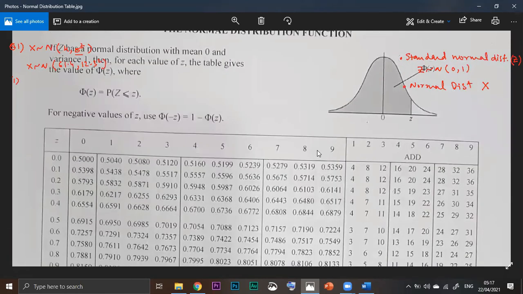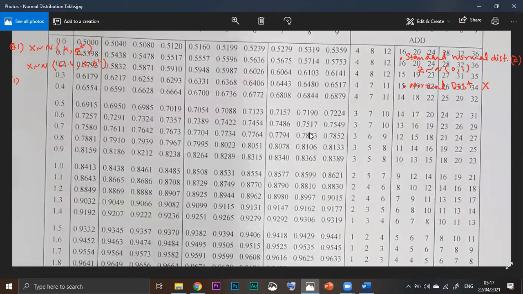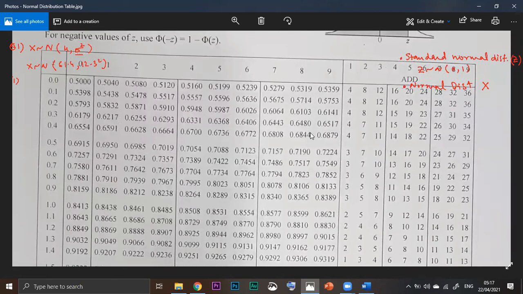This one is the table. This distribution table gives us all the probabilities associated to the standard normal distribution Z.